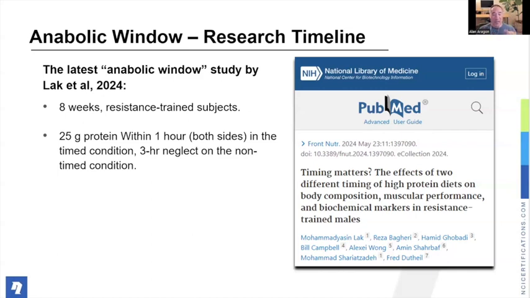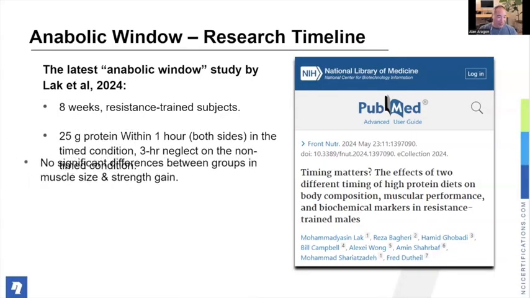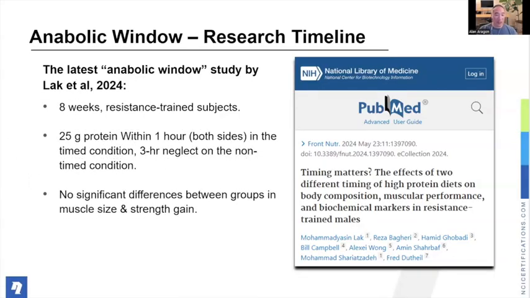Okay, so interestingly, there were no significant differences between groups in muscle size and strength gain. But both groups consumed an optimal amount of protein, right around 2-ish grams per kilogram of body weight. And so this is a very big nail in the post-exercise anabolic window concept, courtesy of Yassine Lak and colleagues.